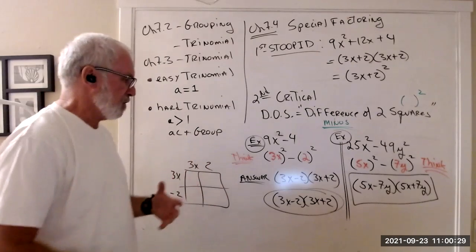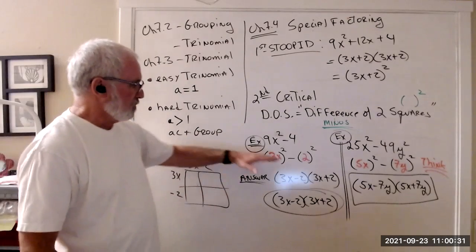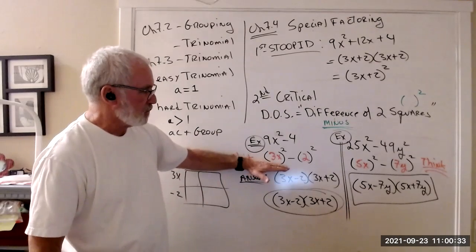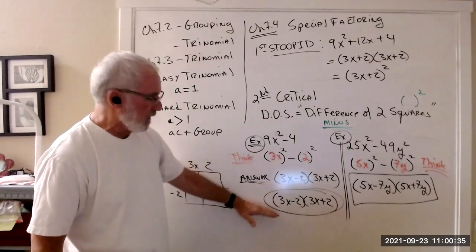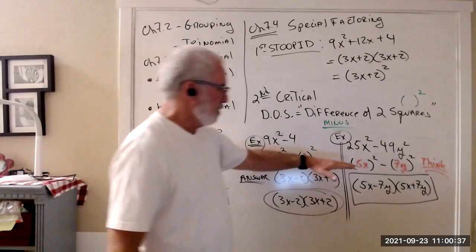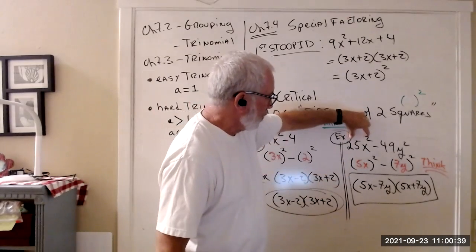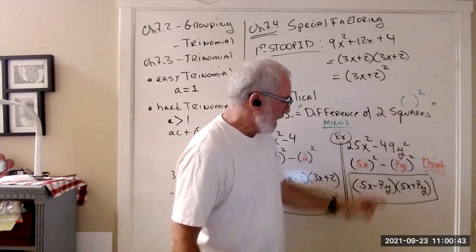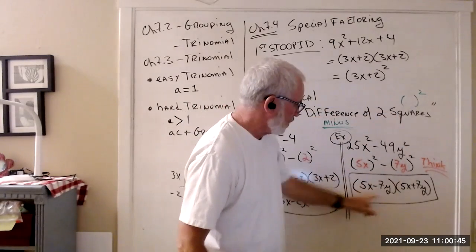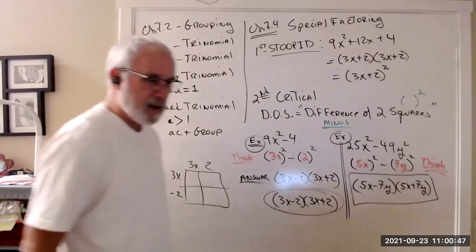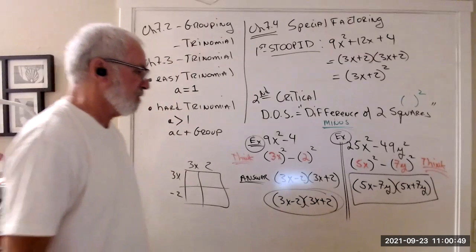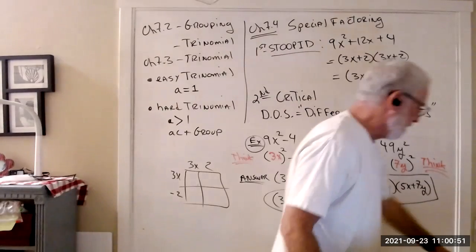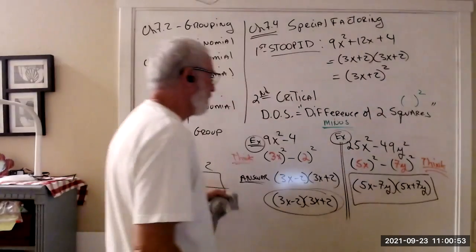Do you understand the difference between the think step and the actual answer? Think step is how you rewrite this in your mind. The answer is how you use this to get that pattern, 5x minus 7y, 5x plus 7y. Any questions?